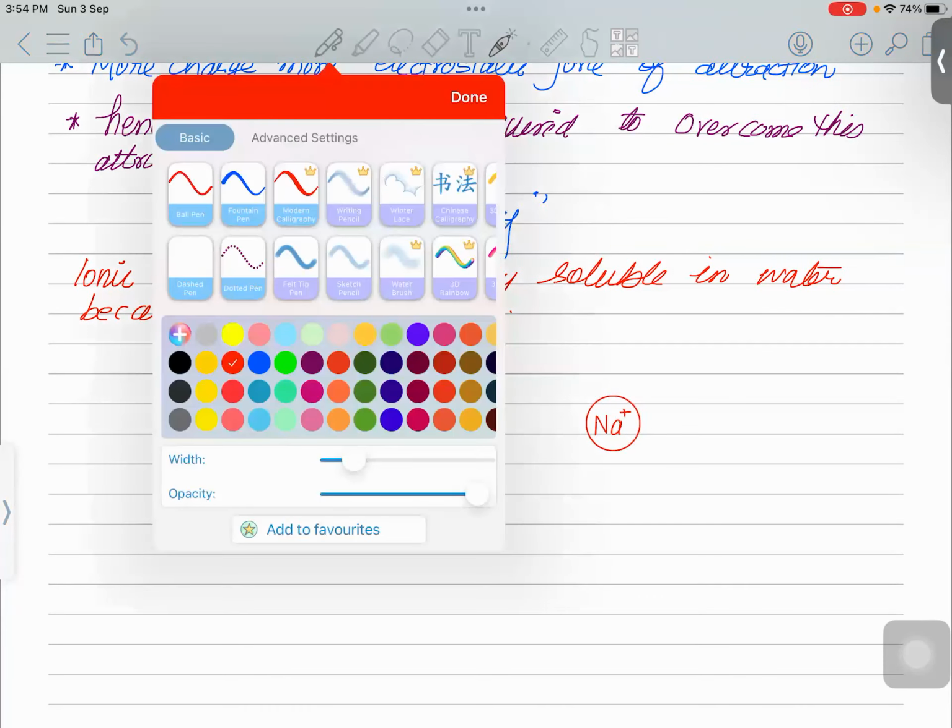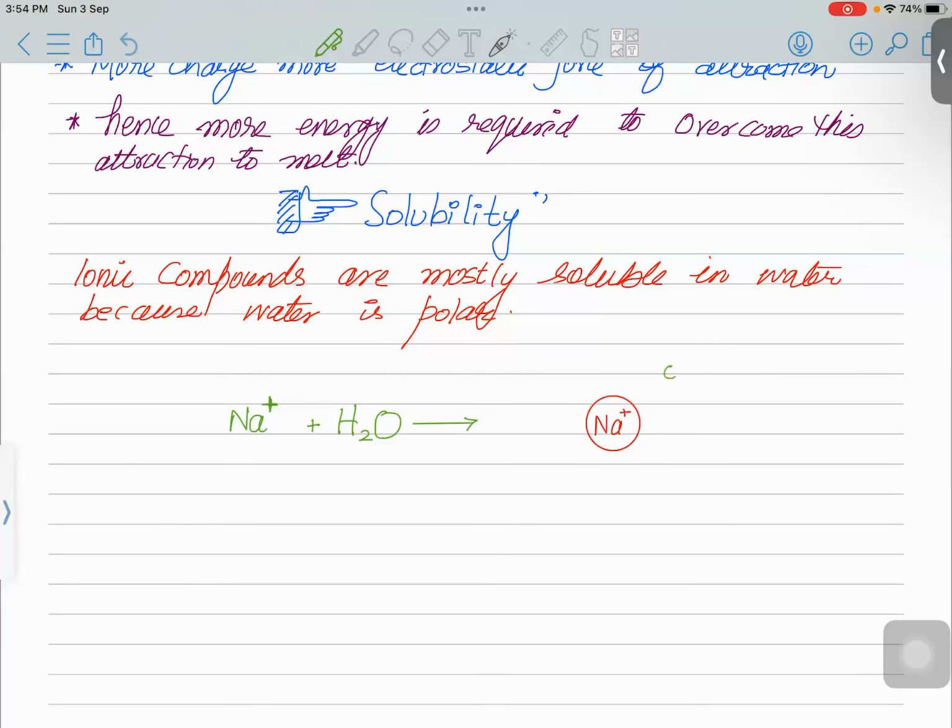Now this sodium plus is attracted to the negative sign of oxygen. We all know that oxygen has a negative charge and hydrogen has a small positive charge.